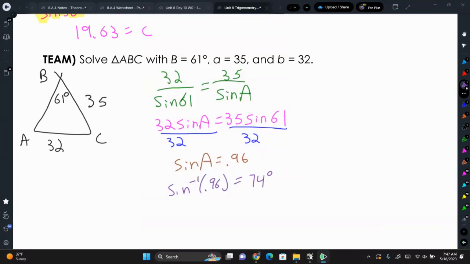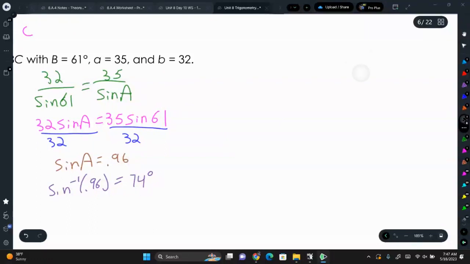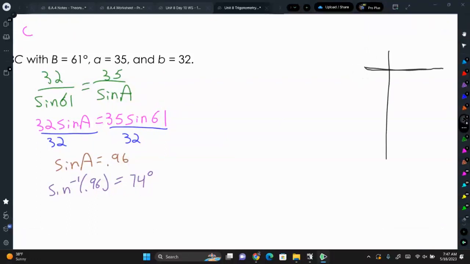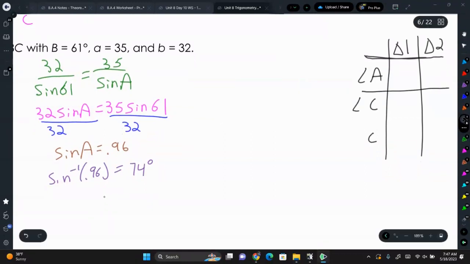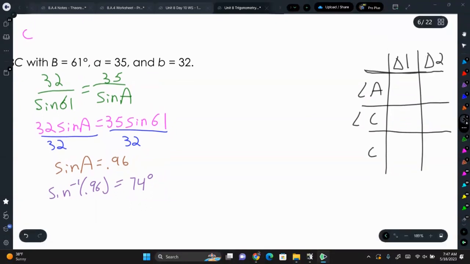Okay, so now we're going to go make our chart over here. Triangle 1, triangle 2, and then we are figuring out angle A, angle C, and side C. So angle A we calculated in one triangle to be 74 degrees.